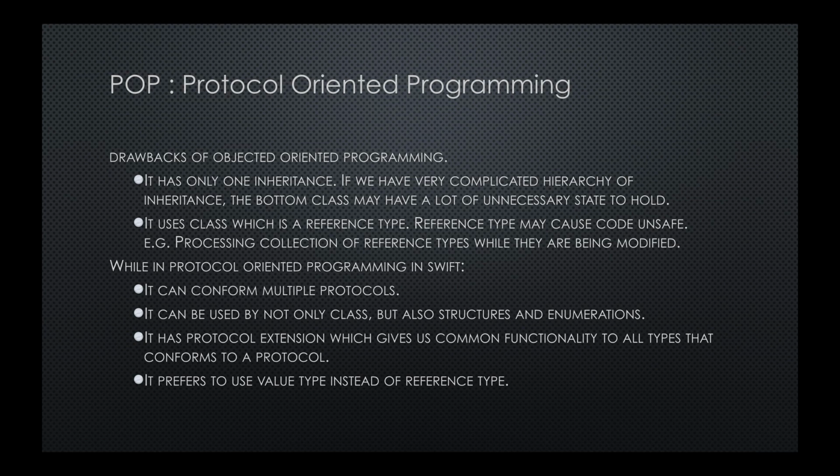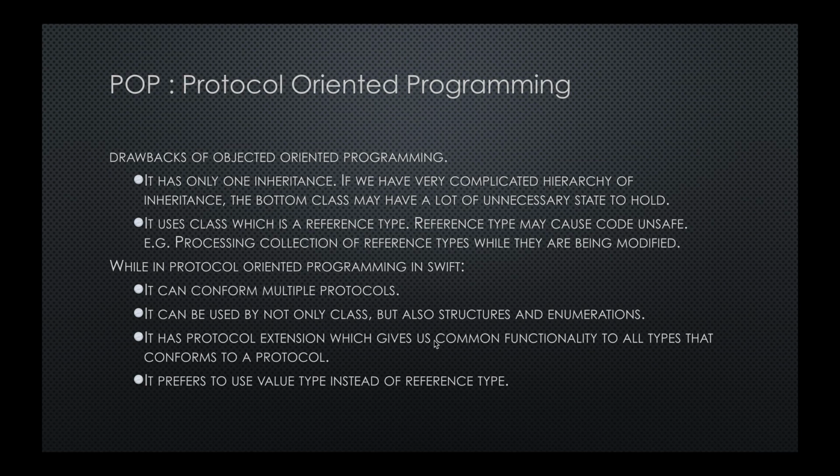Another major problem is inheritance, through which you end up having a lot of code which you don't even require. Your bottom class in the inheritance hierarchy will have a lot of unnecessary information or objects which it doesn't require.